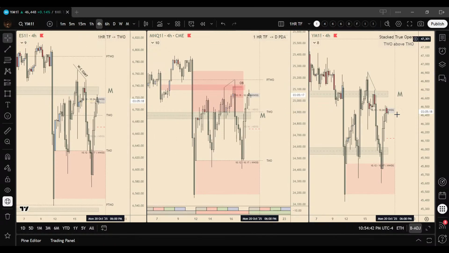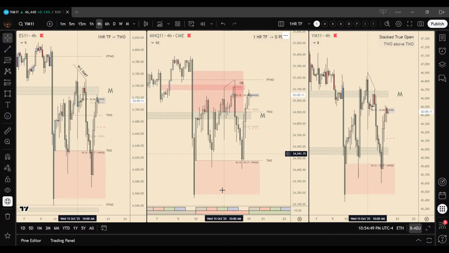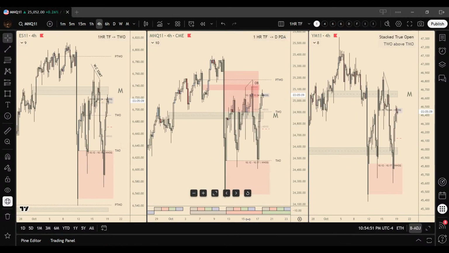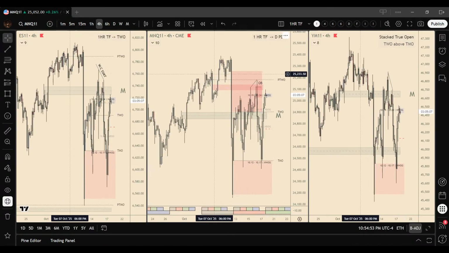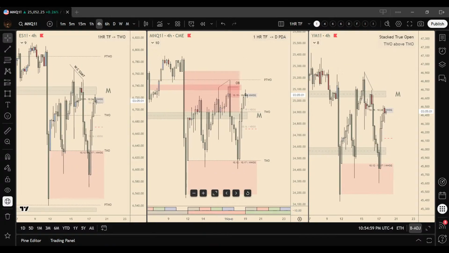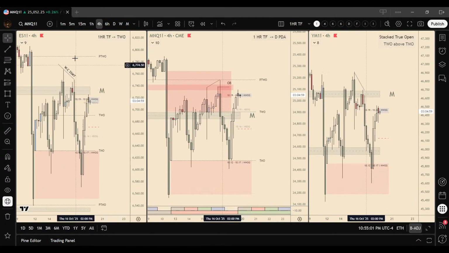Boom. What else? Previous True Week Open. So the True Week Open from last week, which printed last Tuesday, was not traded into on ES.